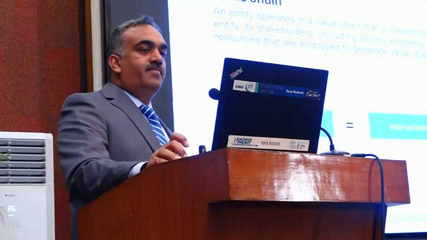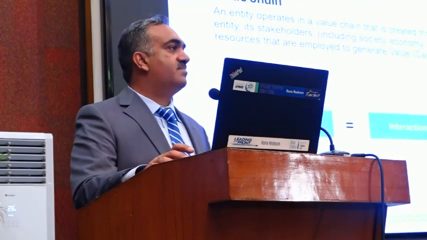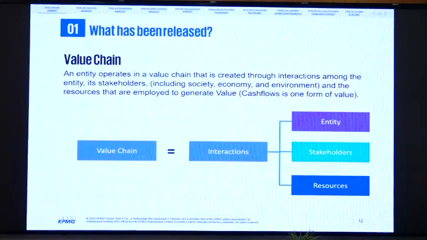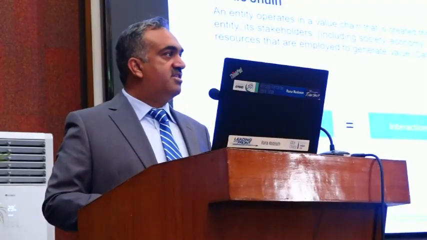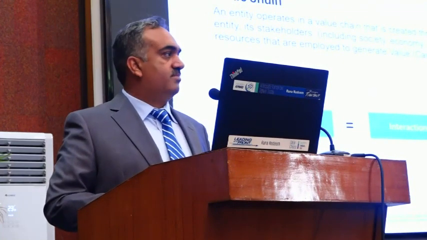Now, as I said, they're not using the word business. They're using the word value chain. You're not analyzing a business anymore, you're analyzing a value chain. So the boundary has been extended. They say entity, your business, the stakeholders of the entity, for the time being the users, and the resources.